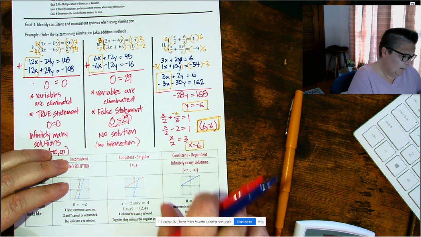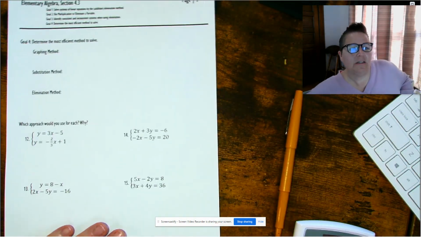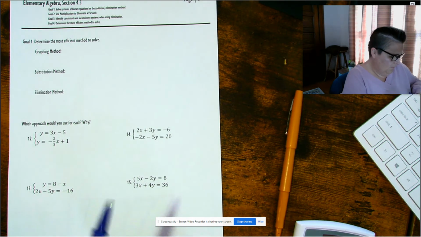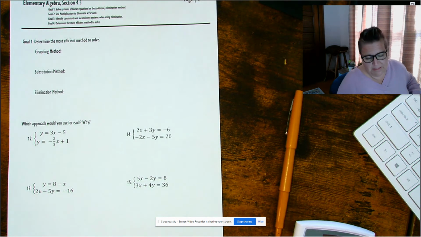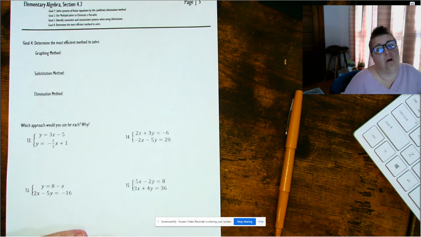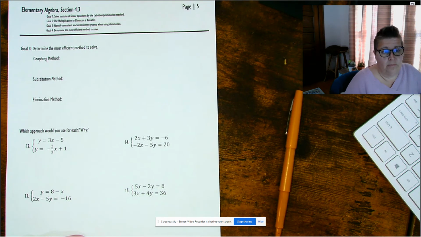Right. Now, the last goal for this particular section is one that reminds you of the 3 different methods and asks your opinion on which one you would use to solve. So to go over, there are 3 different methods for solving a system of 2 equations, 2 variables.